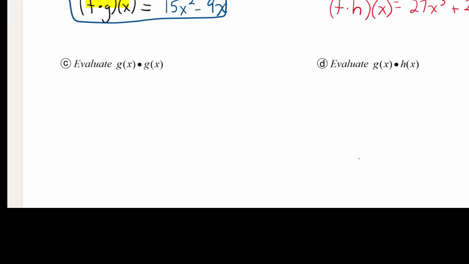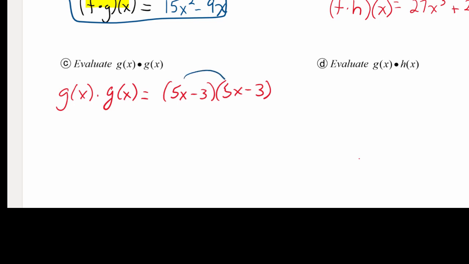In C, now we're creating a new function using g times itself. Do you see that? So we're multiplying g of x times itself, which means that we're taking 5x minus 3 times itself. And we know that we are going to distribute that, FOIL that, or use the special product formula for squaring a binomial.